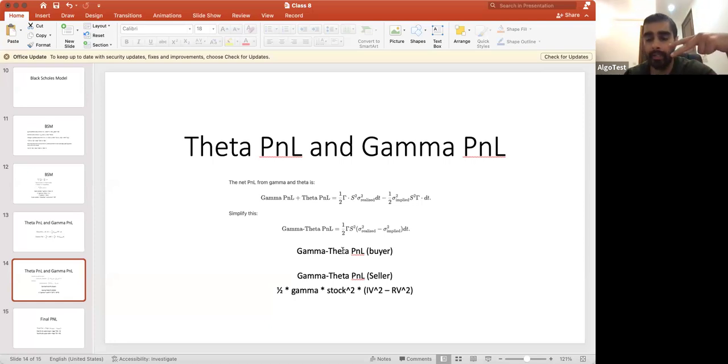And anybody who thinks that theta is my edge or that I'm going to collect theta, you need to understand that you will only make money by collecting theta if you sell it at a higher IV than the RV. Because if they're the same, then whatever you're collecting as theta, you're giving away as gamma as an option seller. So this is a very, very fundamental concept.